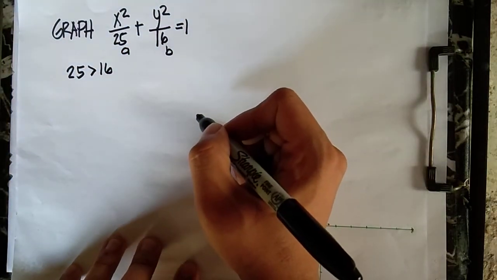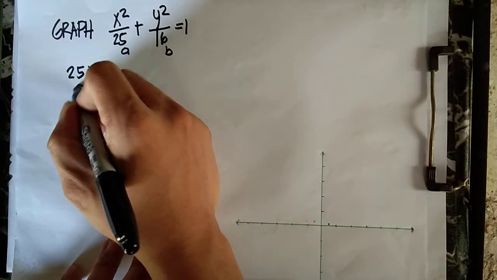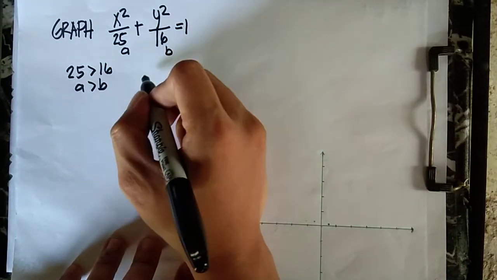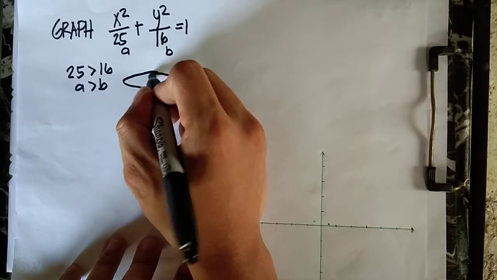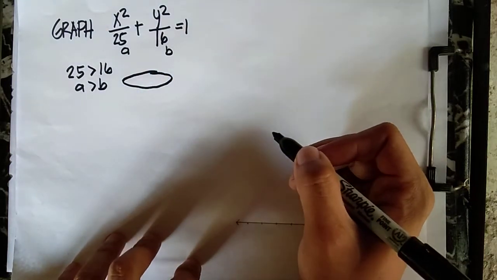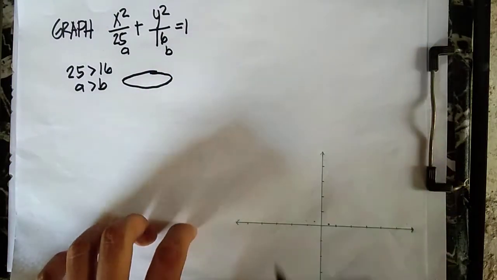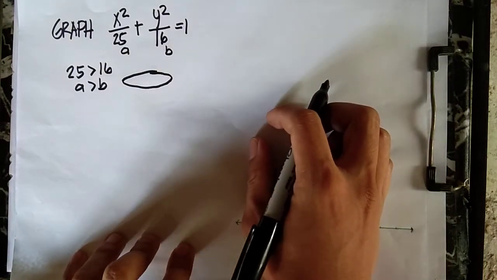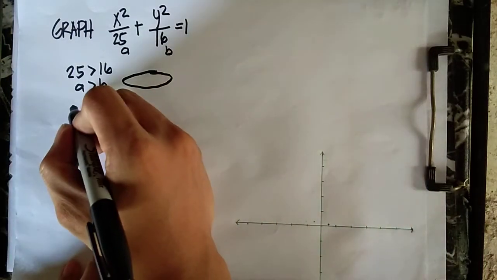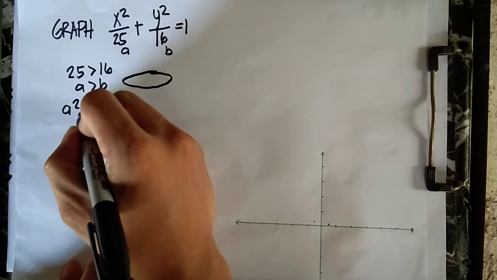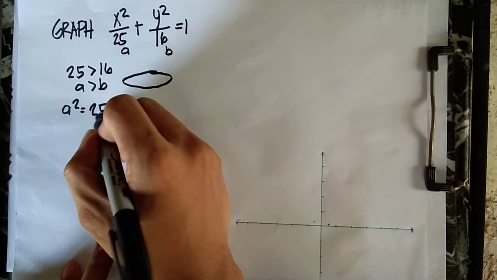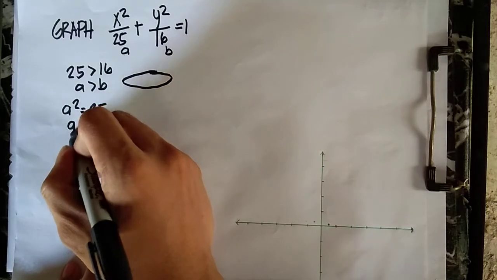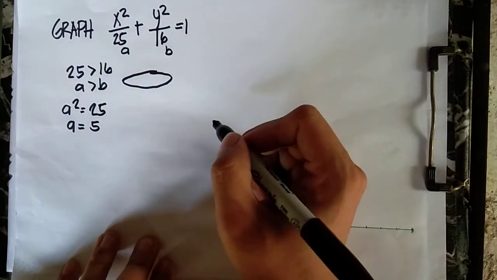So ibig sabihin magkakaroon tayo ng horizontal na ellipse. And then we will determine kung ano yung ating values of a and b. Since ang ating a squared is equal to 25, we will have a is equal to 5.